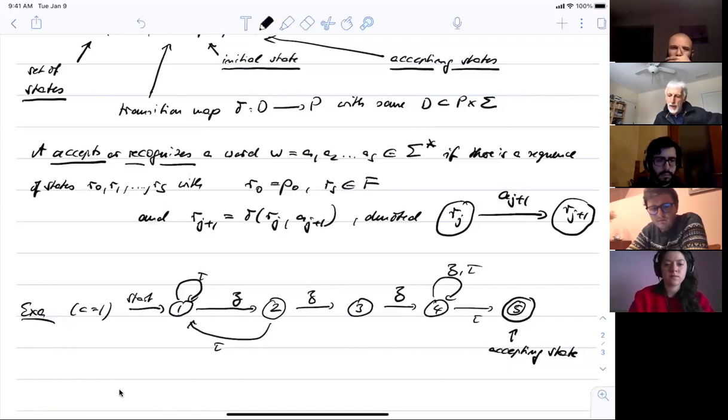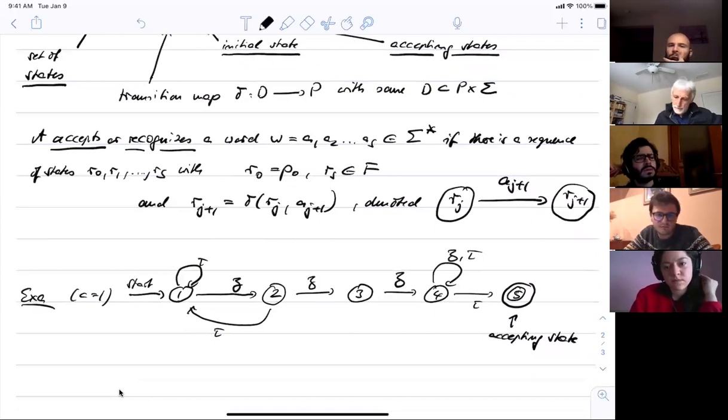And then we could go back to 1 via tau and repeat. And this way, just going between state 1 and tau, you can produce any word where the letters consist just of zeta and tau.